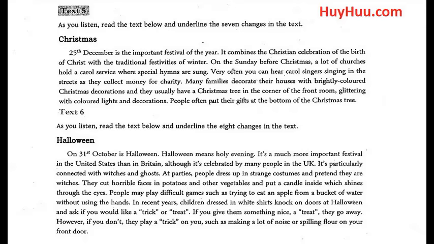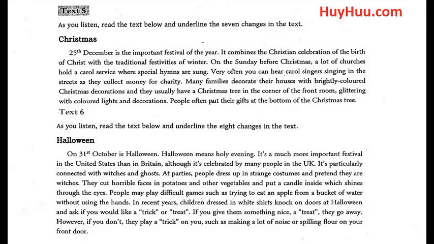At parties, people dress up in strange costumes and pretend they are witches. They cut horrible faces in pumpkins and other vegetables and put a candle inside, which shines through the eyes. People play difficult games, such as trying to eat an apple from a bucket of water without using their hands.